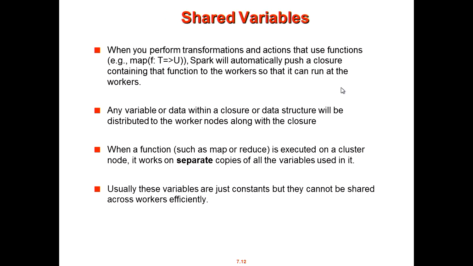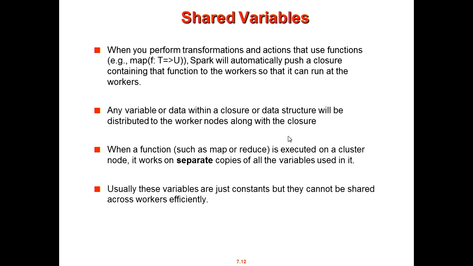So for these shared variables in Spark, it is like this. When you perform transformations and actions and use some functions, Spark will automatically push a closure containing this function to the workers that run the job. Any variable or data within this closure will be distributed to the worker nodes along with it, just like the previous example.